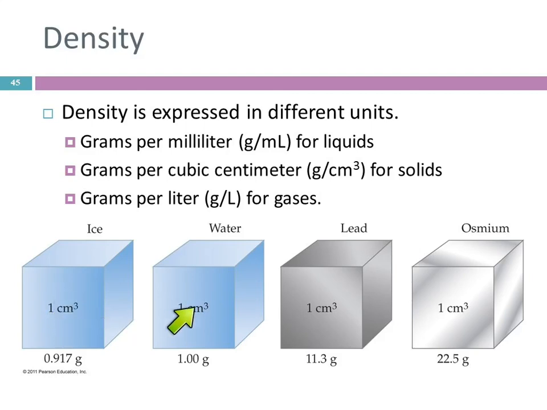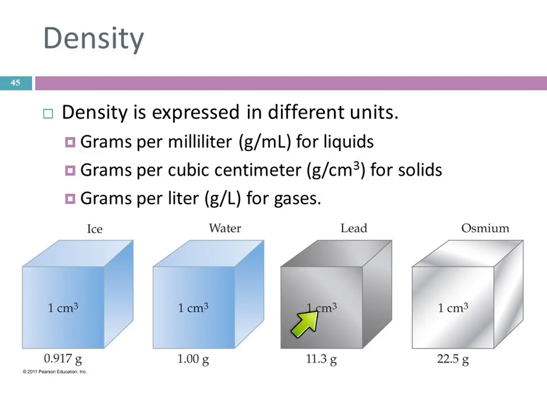And here's just a comparison of some substances. These are 1 cubic centimeter sections of these different compounds or elements. Ice is going to weigh 0.91 grams. Water would weigh 1. Ice is a little bit less dense than water, and that's why ice floats.